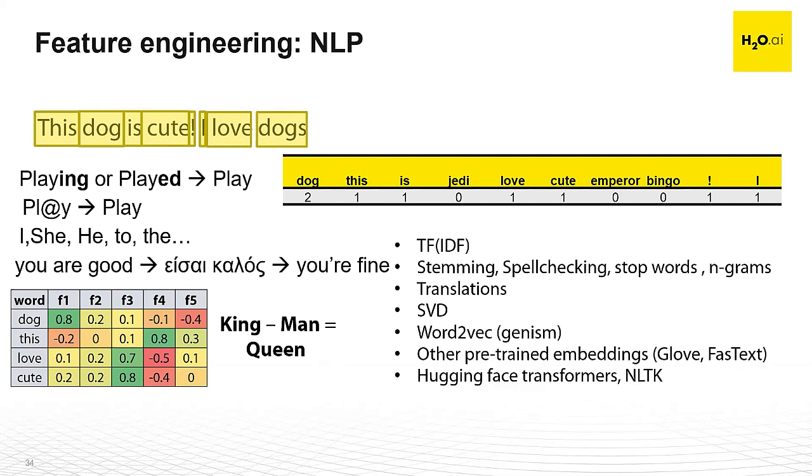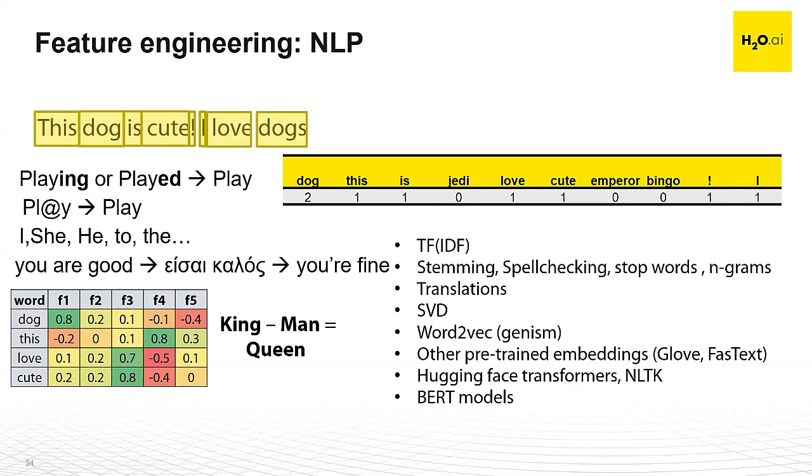And you don't need to train your own vectors. You can get embeddings which are pre-trained, for example, GloVe and FastText, which have been trained on massive corpuses of data. There are many other transformers available in the Hugging Face Python package and NLTK. I do advise people to have a look.